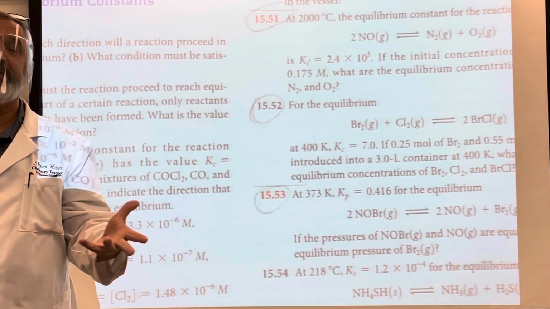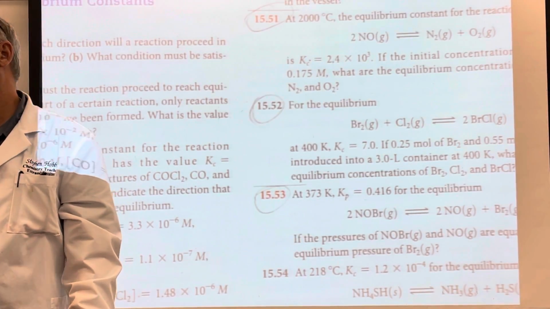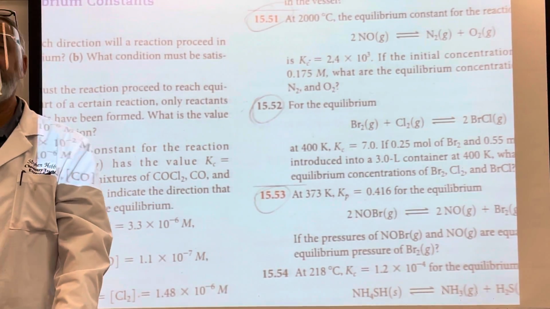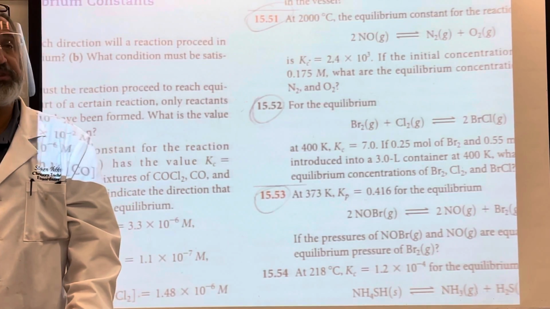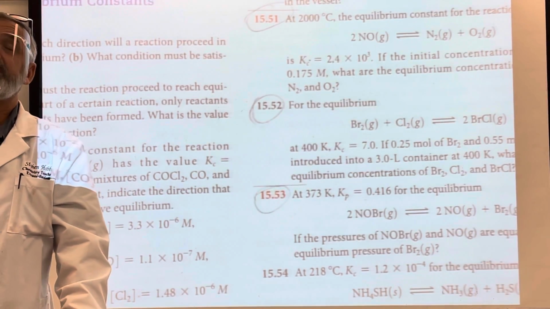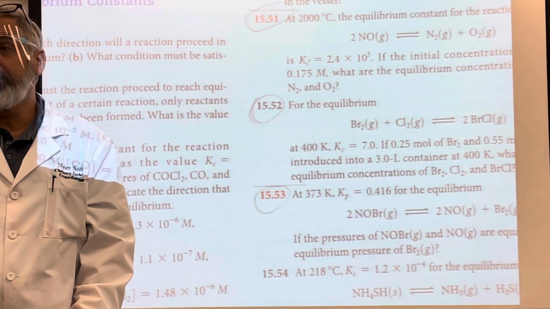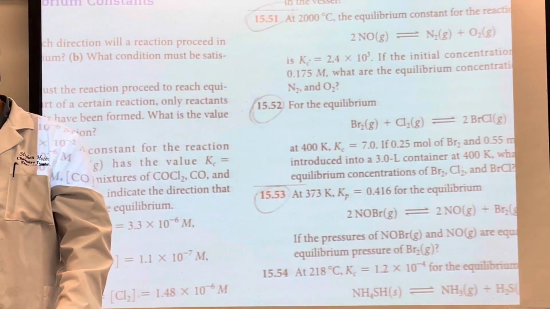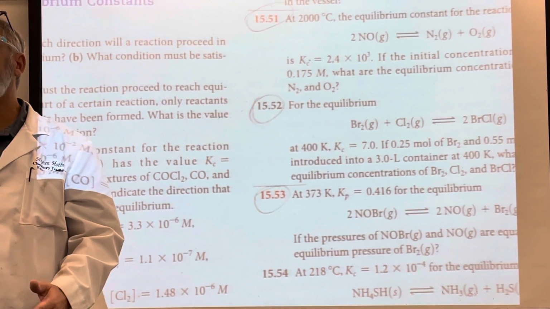We're going to calculate Q, which is exactly like K, and do some practice problems with that. Once we've touched briefly on Le Chatelier's principle, we are pretty much finished with the chapter 15 part.